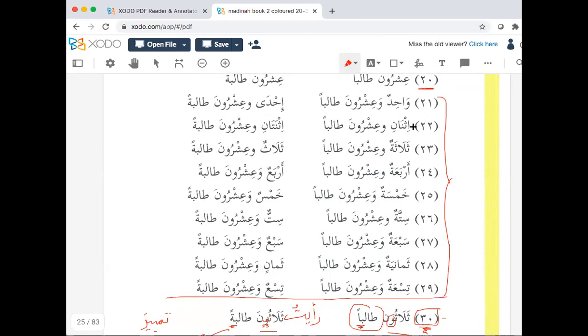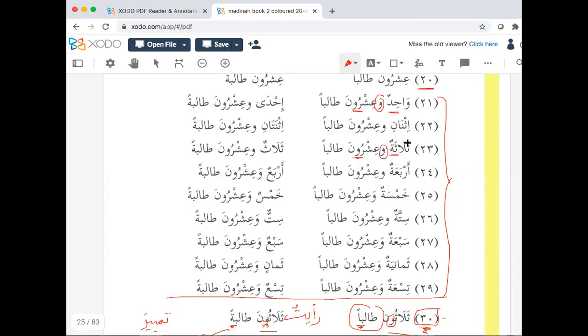You remember how they're written? A few things to notice. One thing you're going to notice is that this waw is waw of al-atf. Waw al-atf. So if this number here is marfu', then 20 is also going to be marfu'. And if, for example, the number is mansub, this is going to be mansub. If it's majroor, this is going to be majroor because of waw al-atf. Jayid? That's one thing to notice.